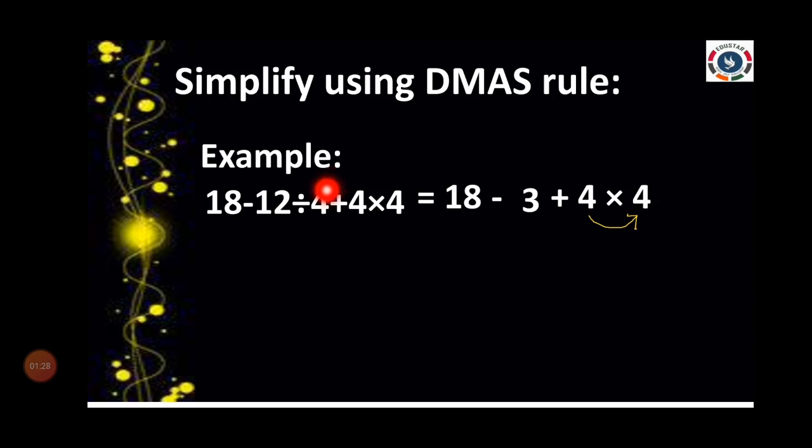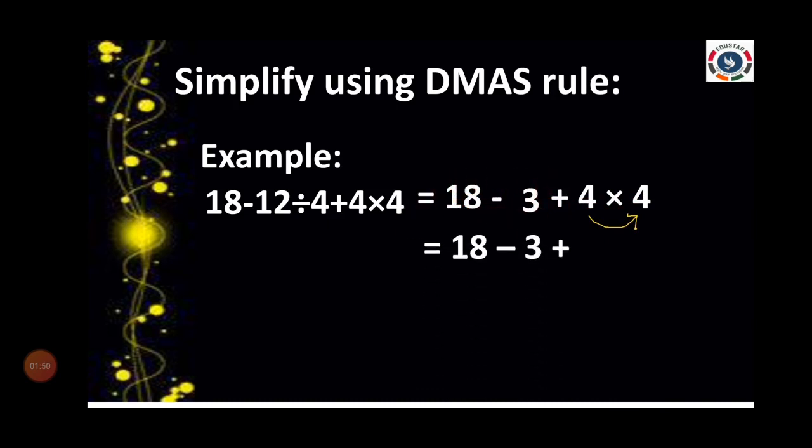Then the second step, we multiply the values. The multiplication symbol is given at last. Before it is 4 and after it is 4, so we multiply these 2 values. The remaining you write as it is.